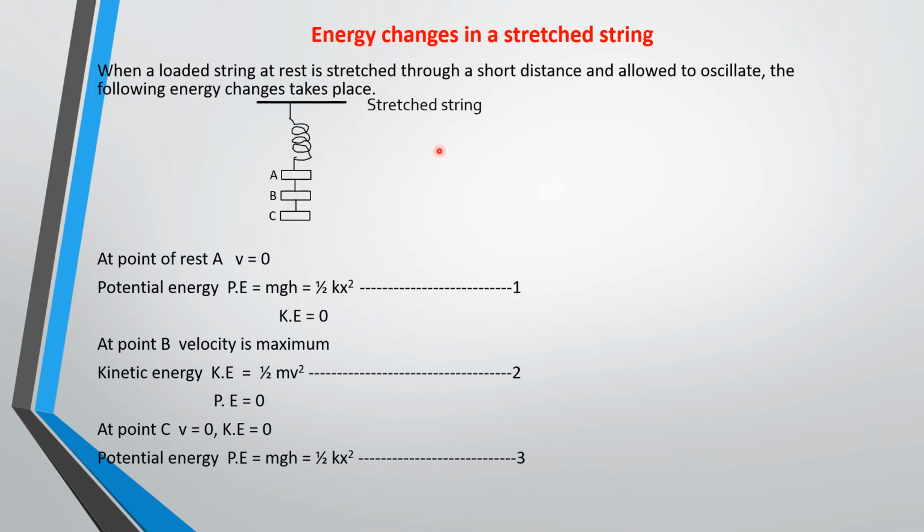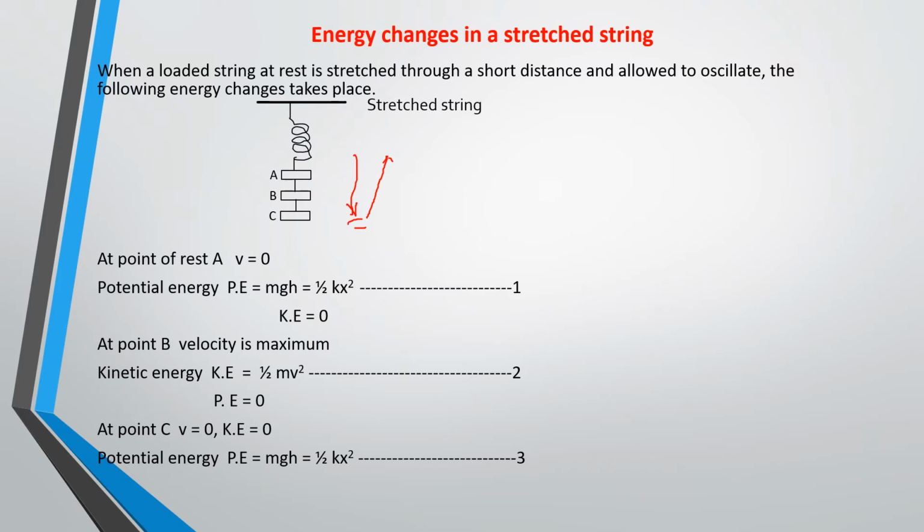When a loaded string at rest is stretched through a short distance downward, what is the energy change that takes place when it is stretched? And you know, when you stretch a string and you release it, it will now undergo a to and fro up and down motion. It will go up and down, right? So what is the energy change that takes place?